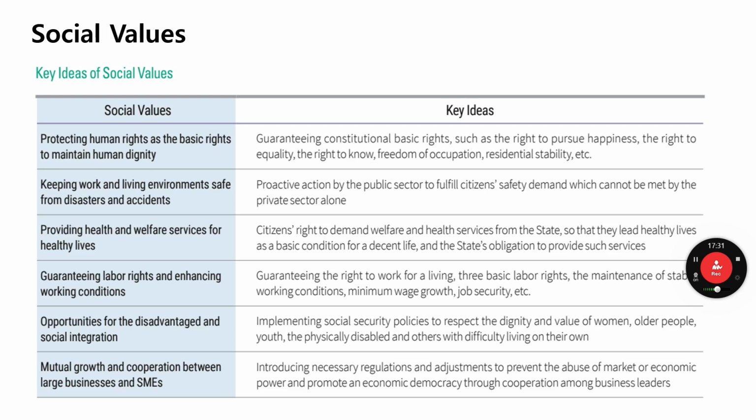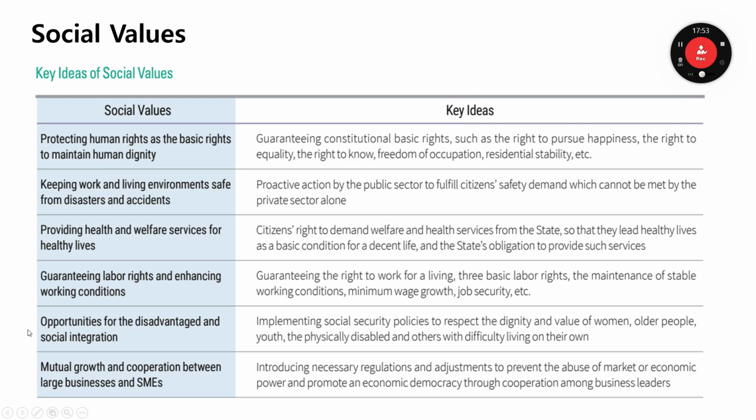The next is guaranteeing labor rights and enhancing working conditions. The key idea is guaranteeing the right to work for a living, three basic labor rights, the maintenance of stable working conditions, minimum wage growth, and job security.